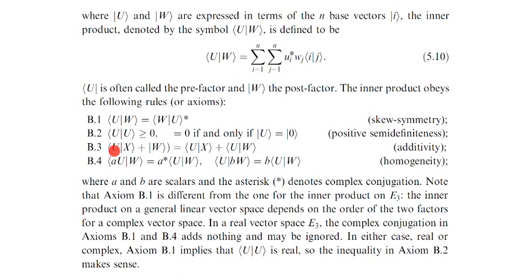The scalar product of u with x plus w is the scalar product of u with x plus the scalar product of u with w. And we have seen this property in the previous lecture, that the inner product is antilinear in the prefactor and linear in the postfactor.